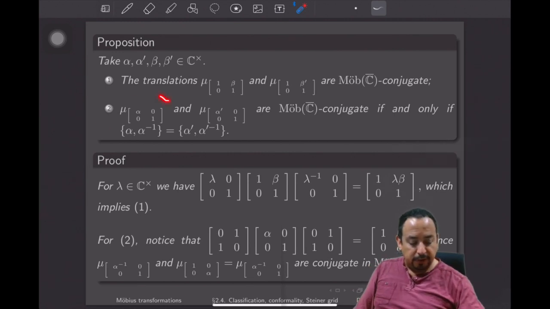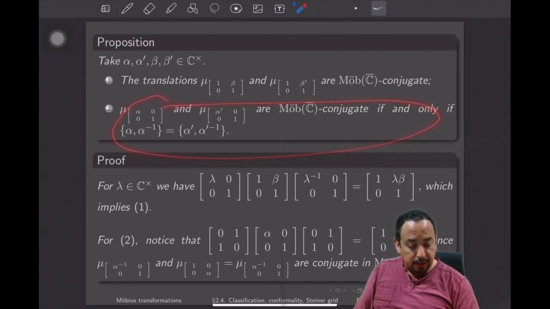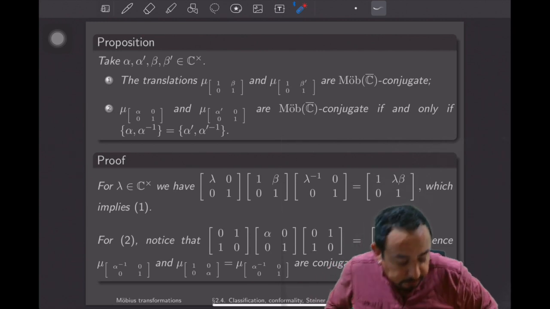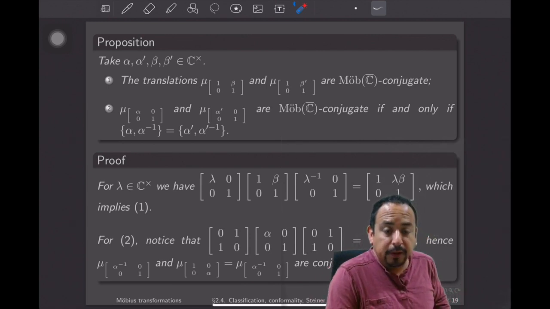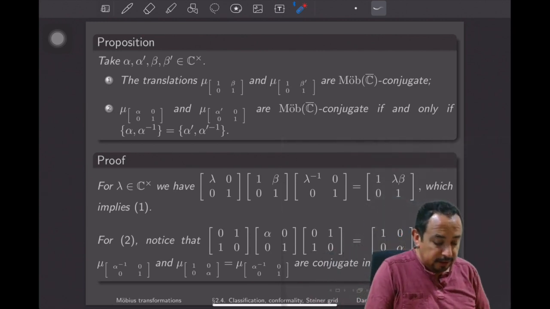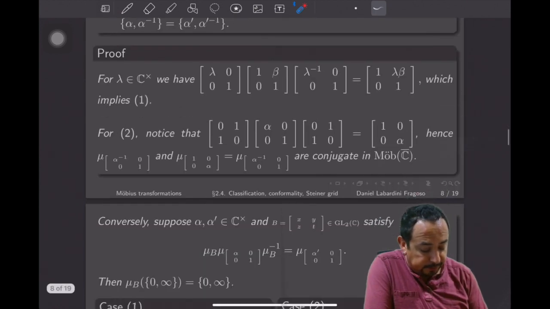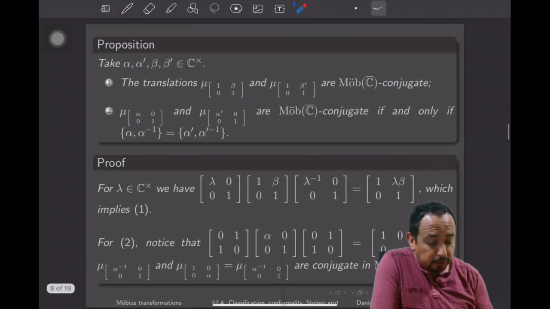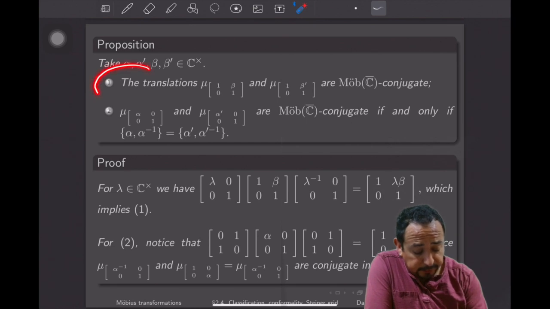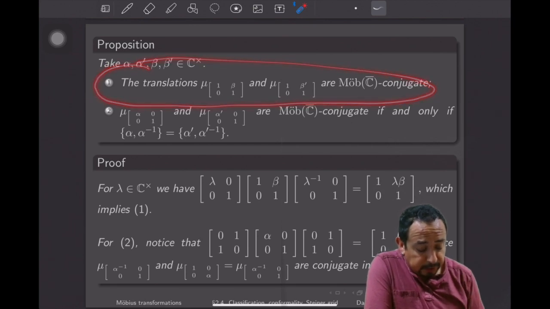That's what the second statement says. So the proofs can be achieved at the matrix level, pretty much. So let's see the first statement.